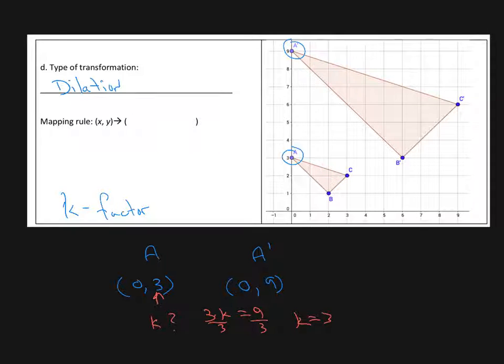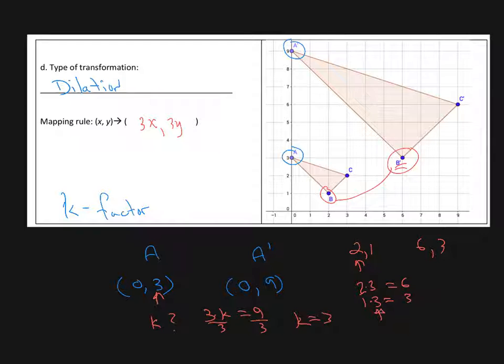So we'll write that as a rule as 3x, 3y. That's what turns all of these values into the image. For instance, 2, 1 went to B prime, 6, 3. If you take 2 times 3, you get 6, and if you take 1 times 3, you get 3.